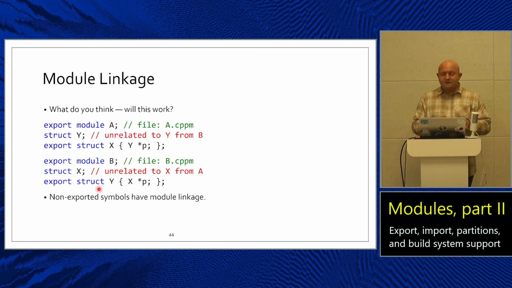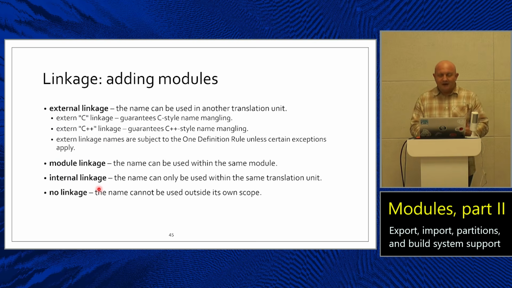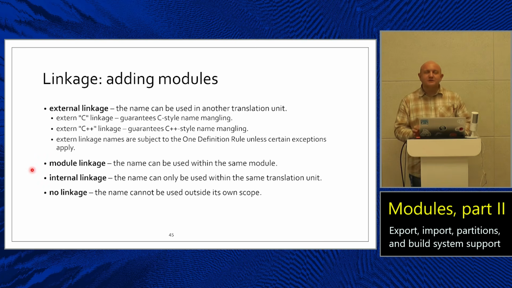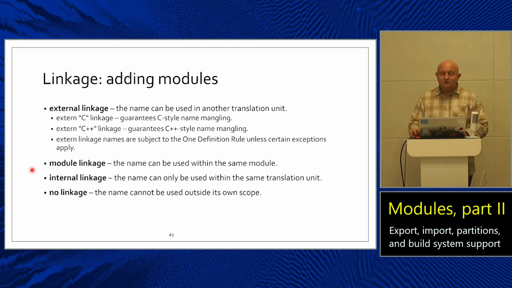Because non-exported symbols inside a module have a new linkage, called module linkage. Module linkage is something like on this picture, in between external and internal linkage. A symbol with module linkage is visible across all translation units that belong to the same module but completely invisible outside of it. That's a new third category of linkage introduced by the module system, and it finally gives us the control we were missing.